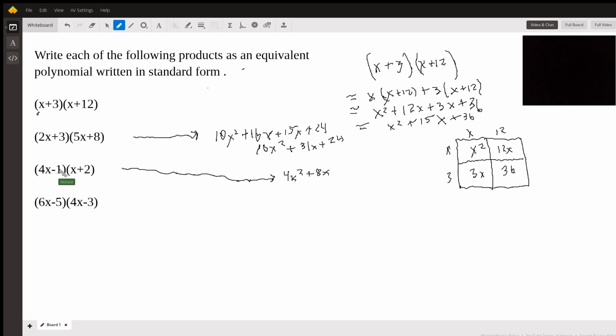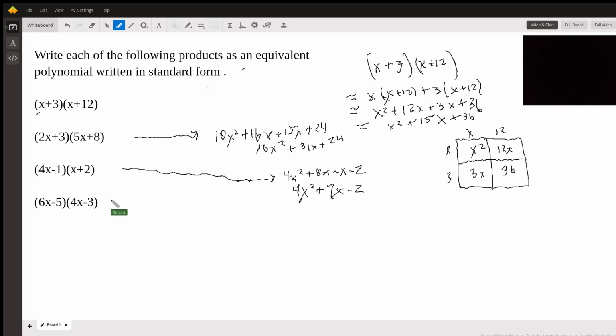Now we'll distribute the negative 1. Negative 1 times x is negative x, and negative 1 times 2 is negative 2. Now we're going to combine like terms: 4x squared plus 7x minus 2.